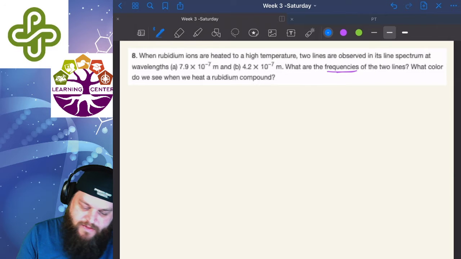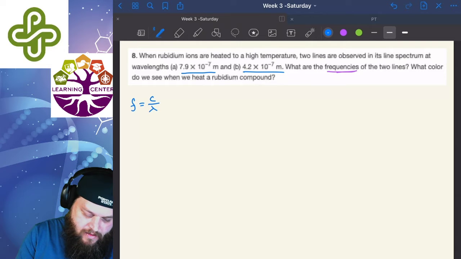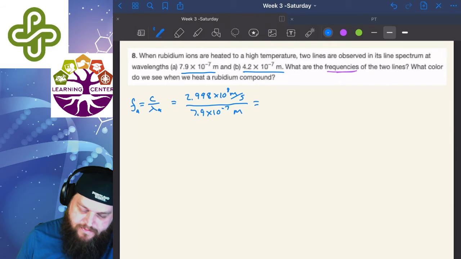Well, as we said earlier, the frequency is related to wavelength: frequency equals c over lambda. And here they're giving us lambda, those wavelengths. So we can apply this: frequency A is going to equal 2.998 times 10 to the 8 meters per second, divided by the 7.9 times 10 to the negative 7 meters, and see what that equals.